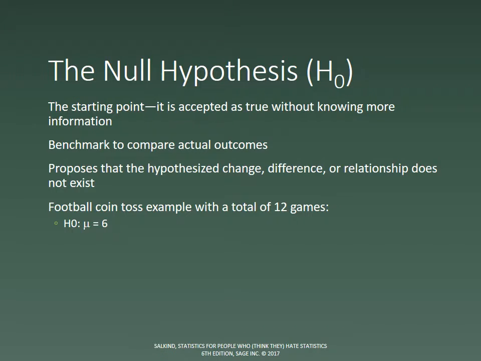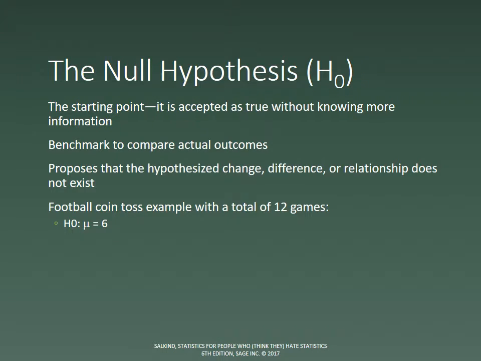Here are some other examples of null hypotheses. There will be no difference between the average score of the 9th graders and the average score of the 12th graders on a memory test. Another example: there's no difference between the effectiveness of community-based long-term care and the effectiveness of in-home long-term care in promoting the social activity of older adults when measured using the Margolis scale of social activities.